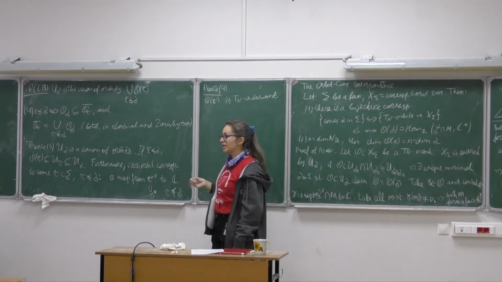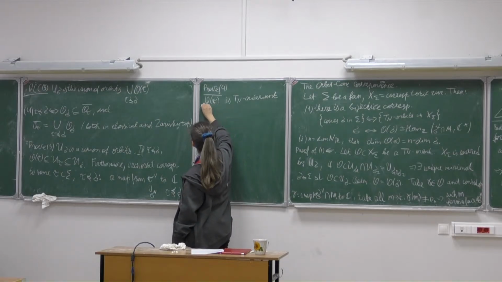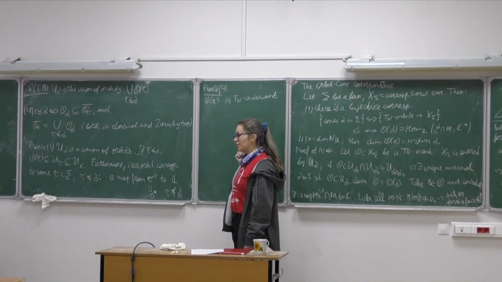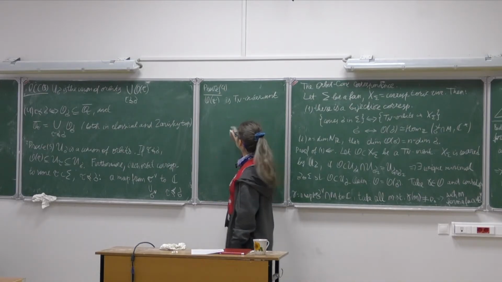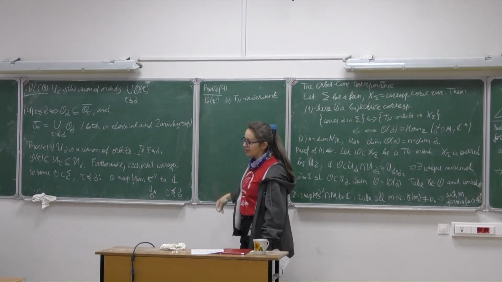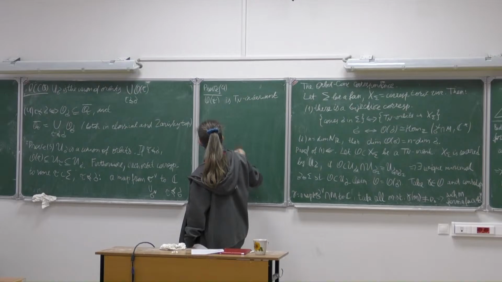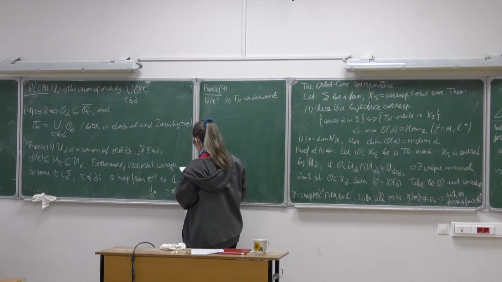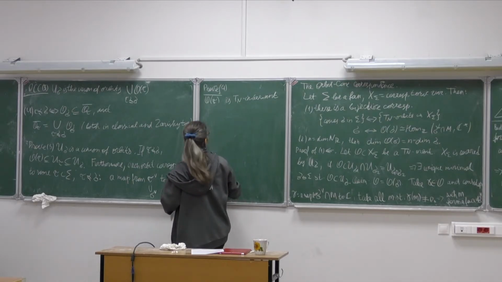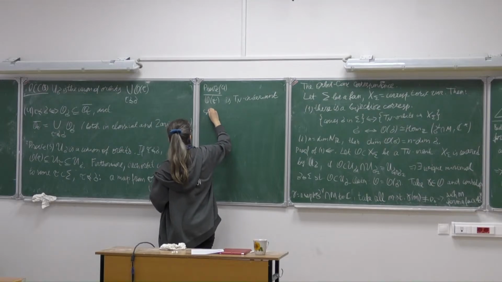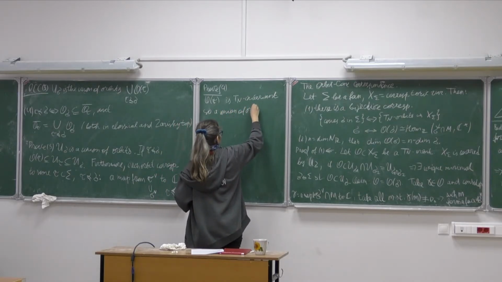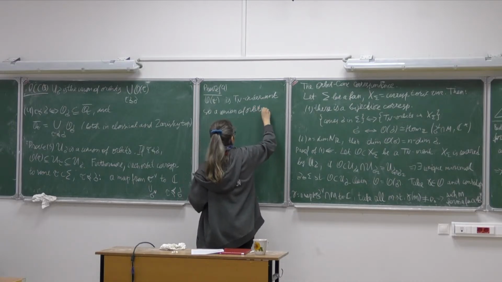Because if we have a sequence of points which converge to some point of the closure, then if we act by the torus on this sequence of points, they are also in O tau, and their limit will exist, and it will be another point of O tau bar. So it will be a union of orbits.